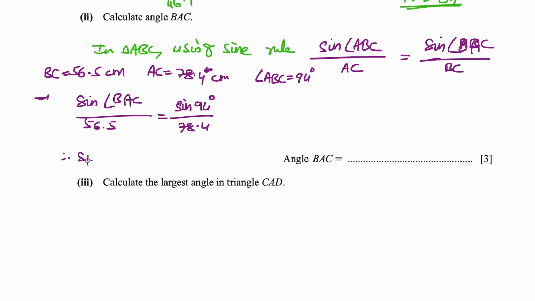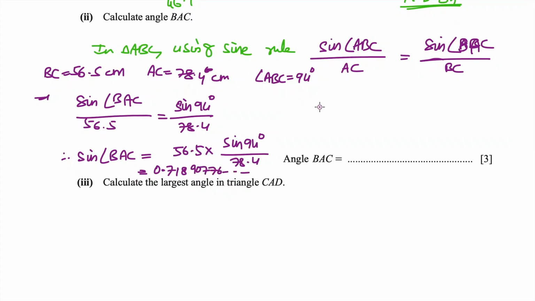So therefore, sine of angle BAC is equal to 56.5 into sine 94 degrees divided by 78.4, and this sine value is equal to 0.71890776 and so on.